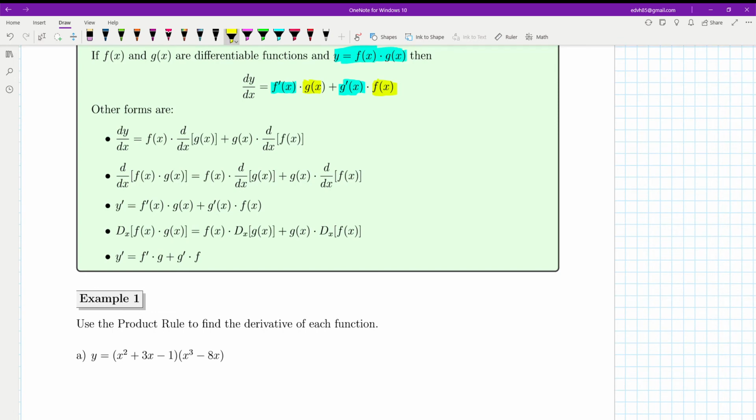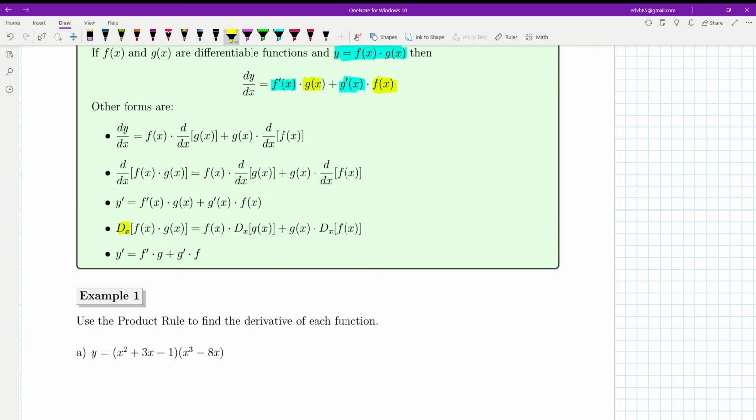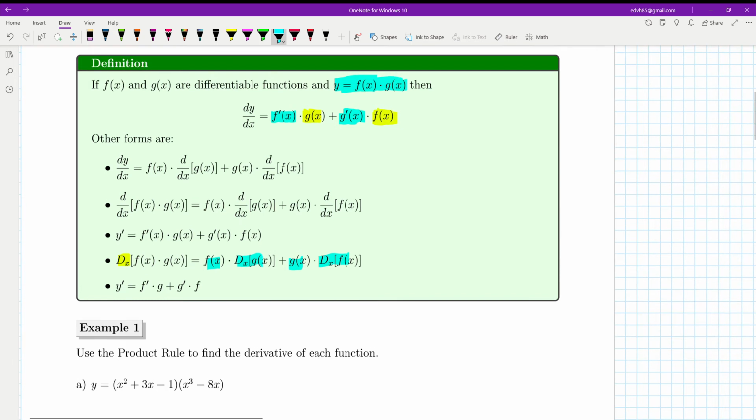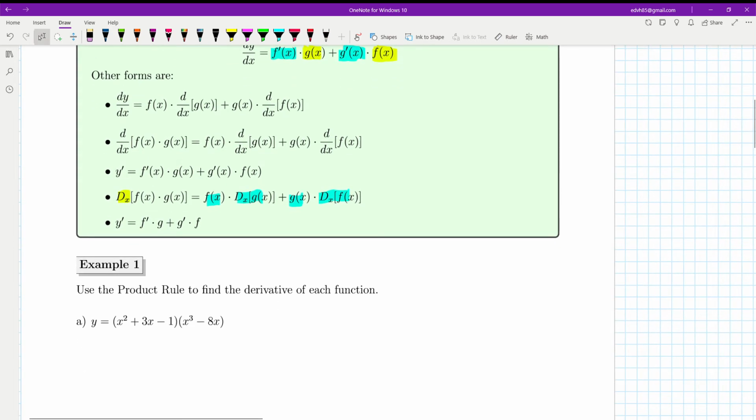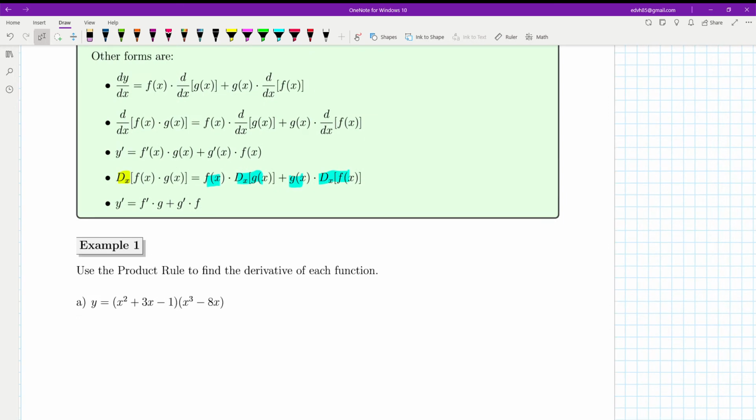There's another one that has this big D, which means differentiate, and this subscript x, which means with respect to x. So that's f times the derivative of g plus g times the derivative of f, where f and g are the two functions that make up the given function.